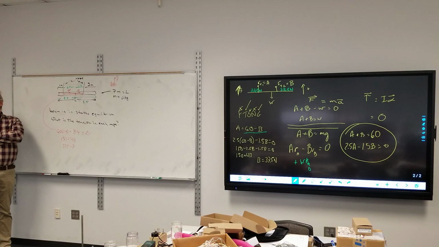Linear equilibrium: acceleration equals 0, total force equals 0, velocity of the center of mass does not change. Rotational equilibrium: angular acceleration is 0, total torque is 0, and the angular velocity does not change. It's basically the angular analog.